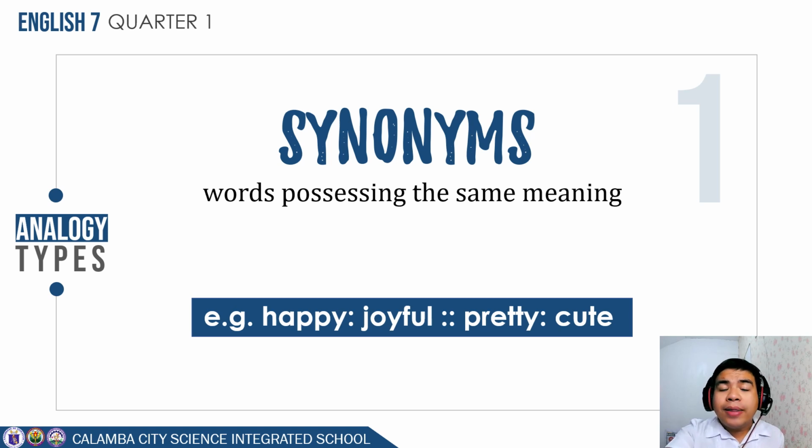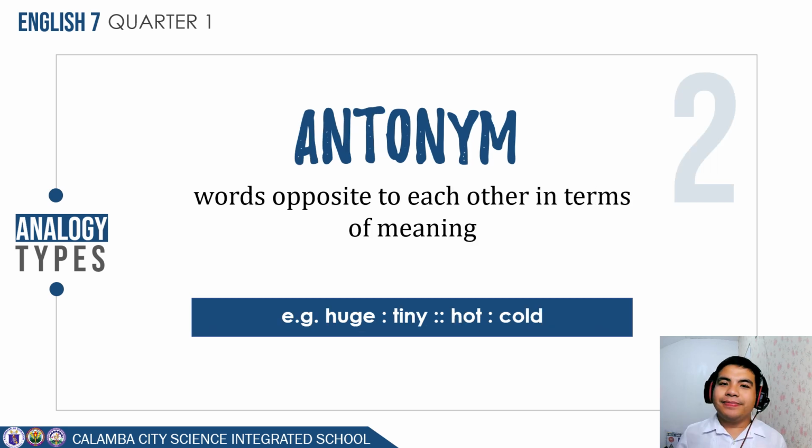We all know that when someone is happy, he or she is also joyful, and pretty and cute both pertain to the physical attribute or a positive attribute of a person or an object. So, therefore, we have synonyms as relationships of the two terms. Happy is to joyful as pretty is to cute.